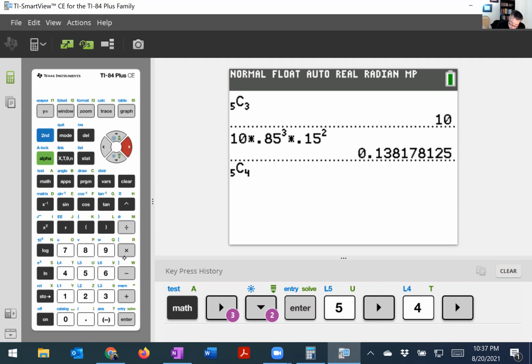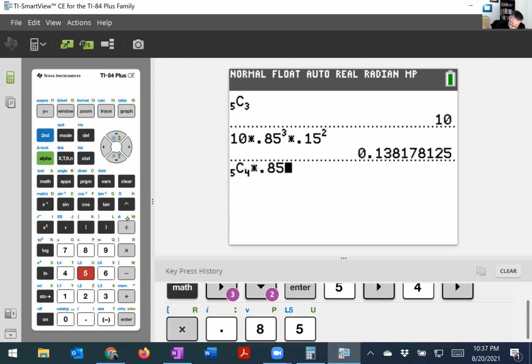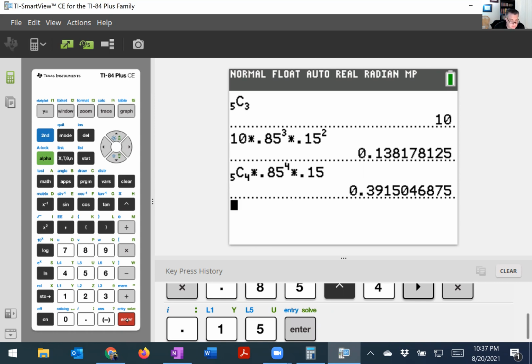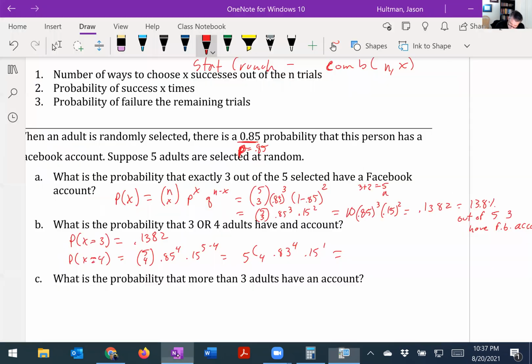And then I can just continue on and go times 0.85 raised to the 4th power times 0.15 raised to the 1st power, but anything raised to the 1st is just itself. So then I can just hit enter. That's 0.3915. That's exactly 4 of them. Okay, that's kind of cool.